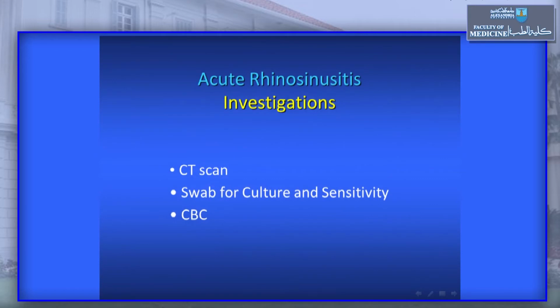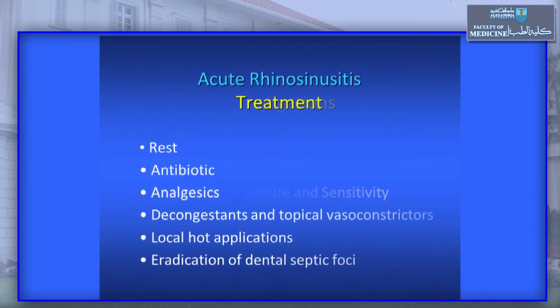Usually, investigations are not requested in acute rhinosinusitis, and the diagnosis is made based on history and examination findings. If the history and the examination findings are inconclusive, then at this point investigations may be requested in the form of a CT scan. If there is discharge in the nose, we can take a swab for culture and sensitivity, and occasionally we may request a complete blood count.